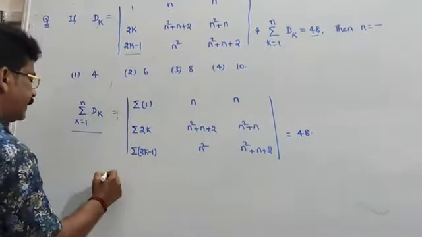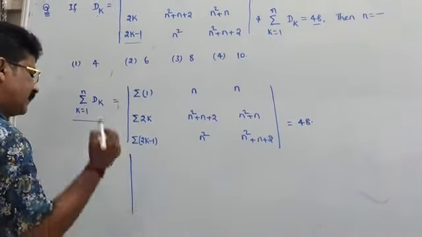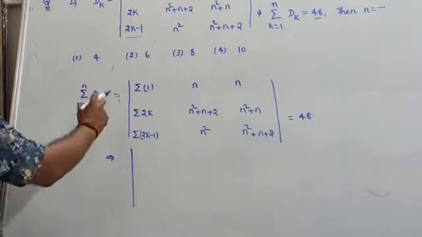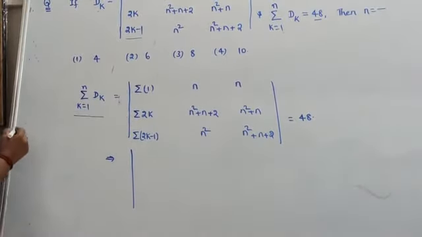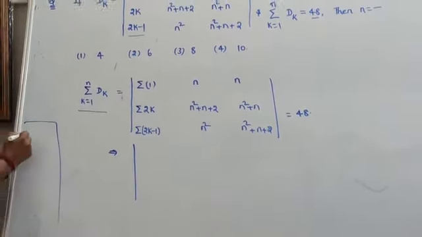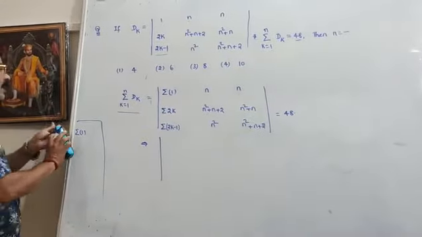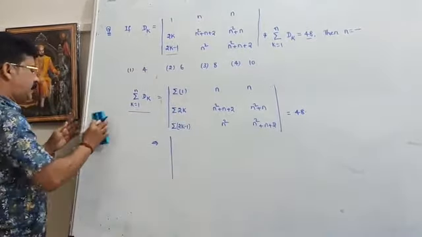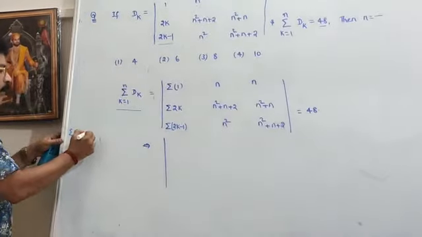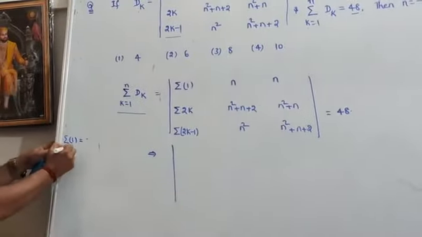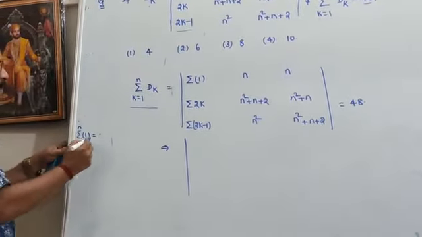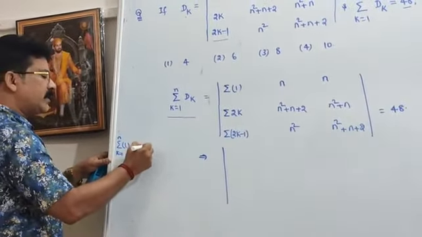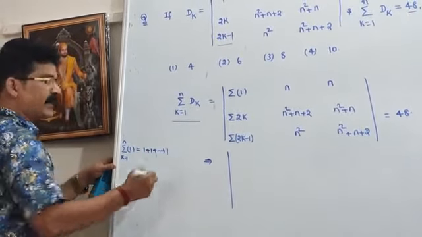Now that implies determinant of sigma 1. Here sigma 1 means that k equal to 1 to n. Its complete meaning is 1 plus and so on plus 1.